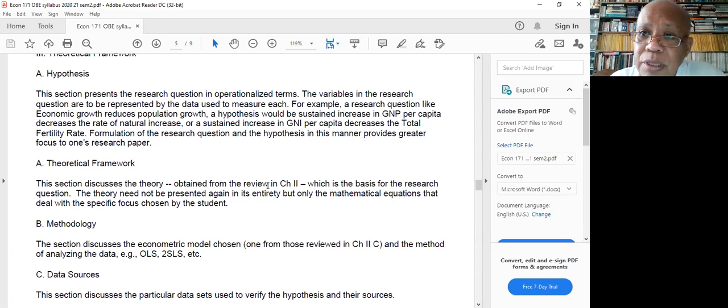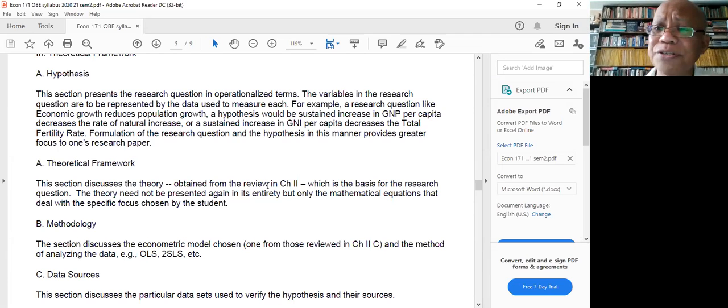For example, if your paper is on inequality, and in your original econometric model, which used data from the United States of America, one of the variables there is race. Then you'll mention that you cannot do that here in the Philippines because we do not collect data on race.